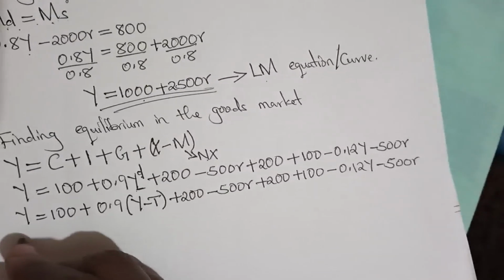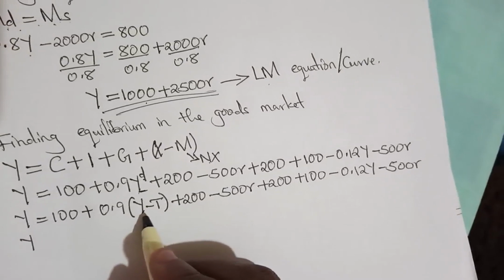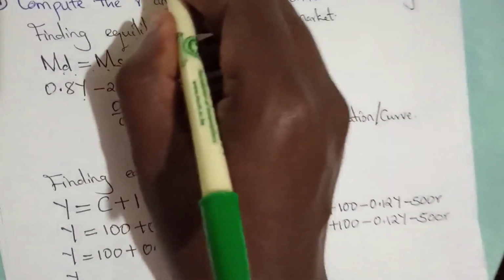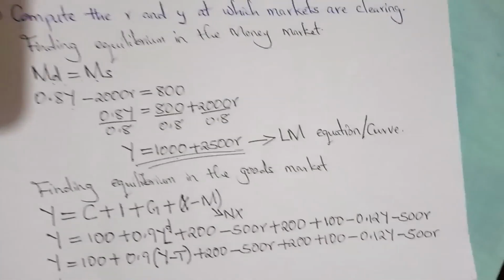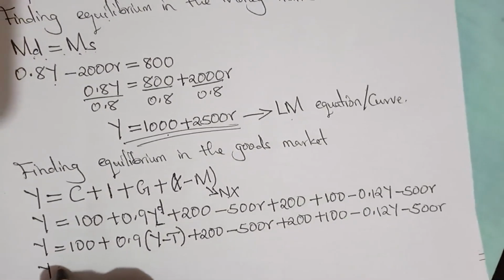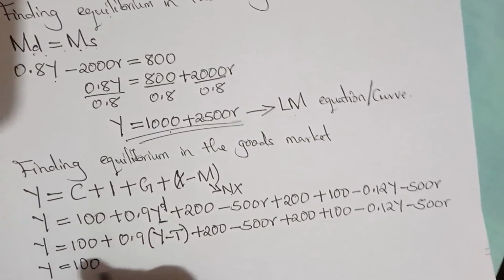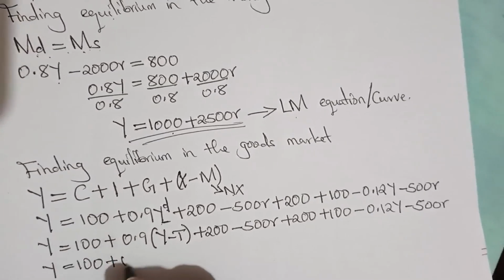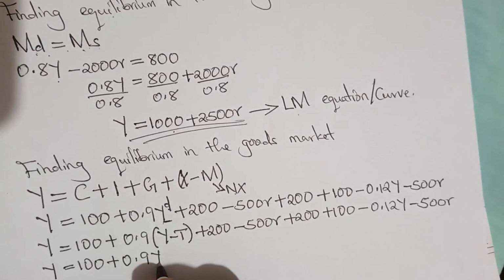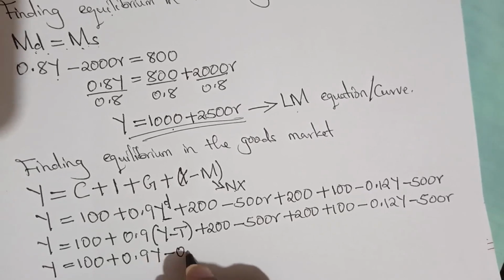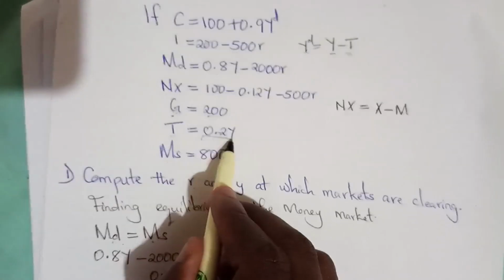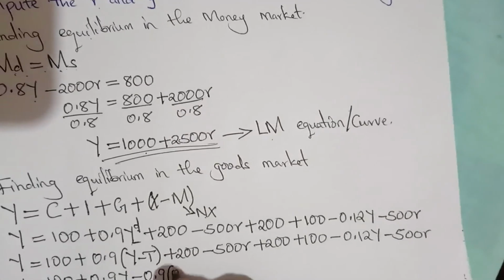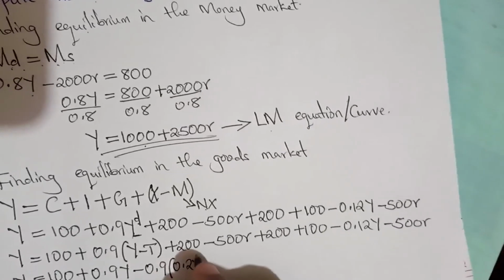Guys, we are given the value of T, which is 0.2Y. Now you replace the value of T in the equation so that you get 100 plus 0.9Y minus 0.9, and the value of T is 0.2Y.